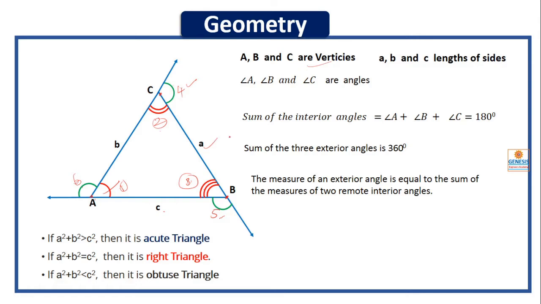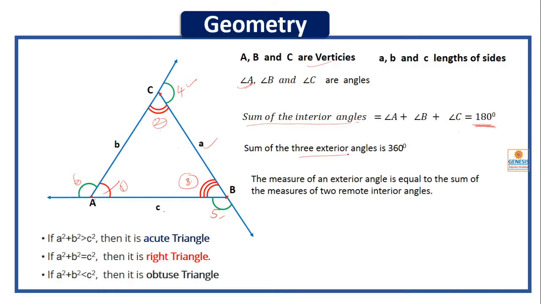Angle A can also be called CAB or BAC. The sum of the interior angles inside the triangle is 180 degrees.